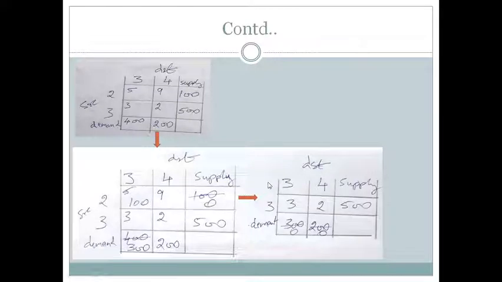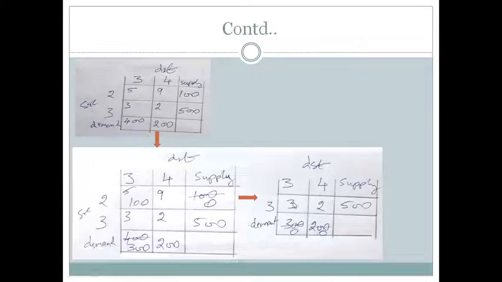Now we reach a stage where we need to terminate the algorithm, because we meet the condition that either the row or column becomes 1. Now we have only one row, two columns, only one row. Whatever values are left here, you directly take those values, so the demand is 300 and 200.